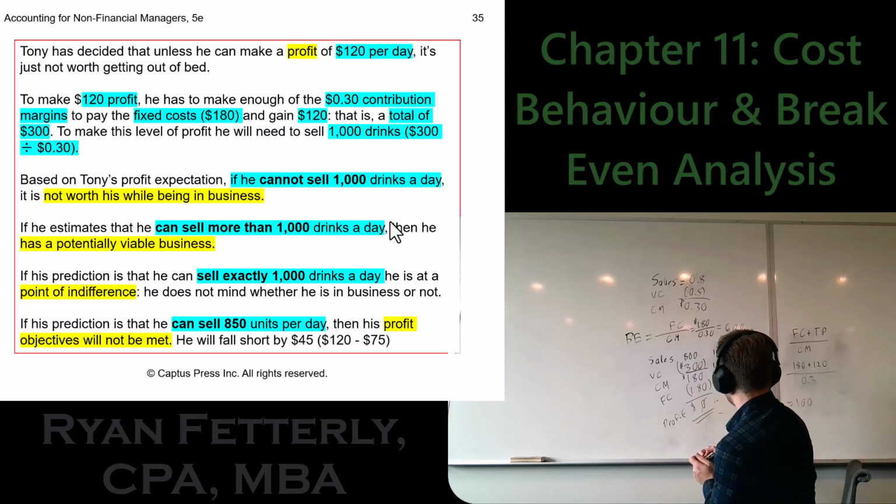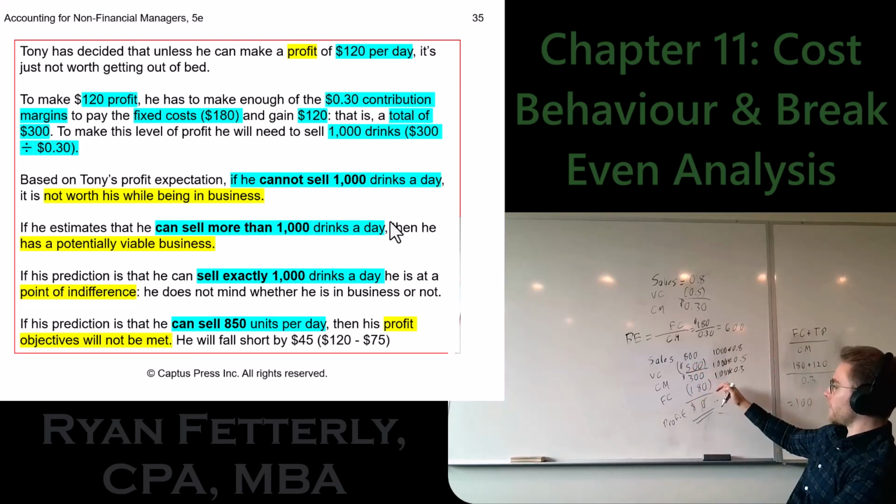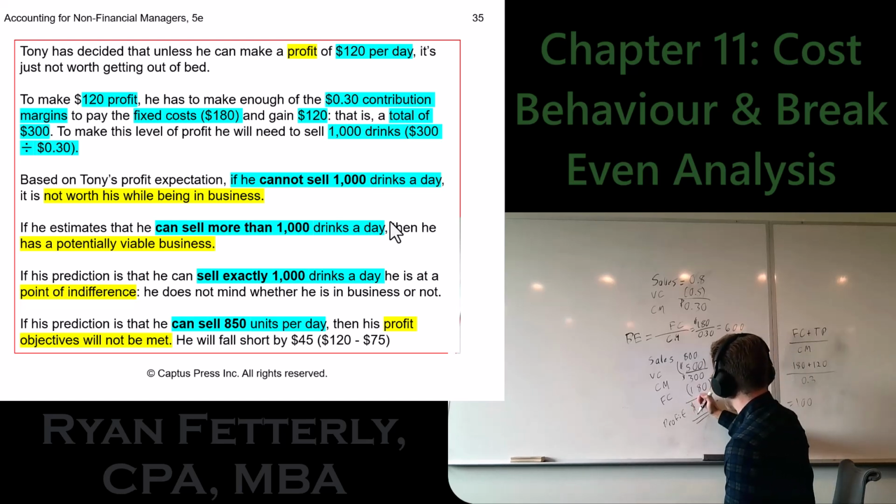And we're going to have 1,000 times 50 cents on our variable costs, so now we have $500 in variable costs. And then 800 minus 500 gets us a contribution margin of $300. Our fixed costs remain exactly the same, so we subtract off the 180, and now that gets us to a profit of 120.